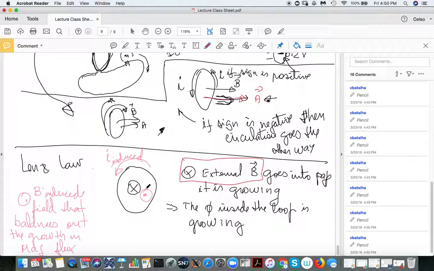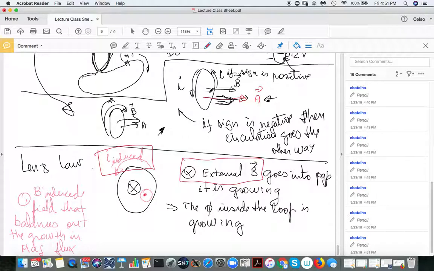So Mother Nature creates a current in the loop in such a way that, as we studied in the previous chapter, if you have a current, you have a magnetic field. This current, induced by this growth in magnetic flux, itself creates this magnetic field. And in that way you have determined the direction of the current.